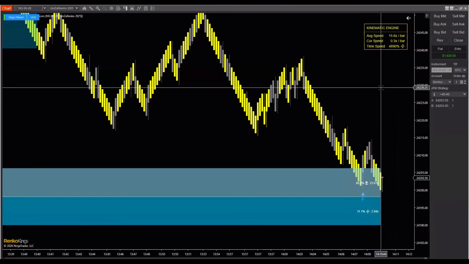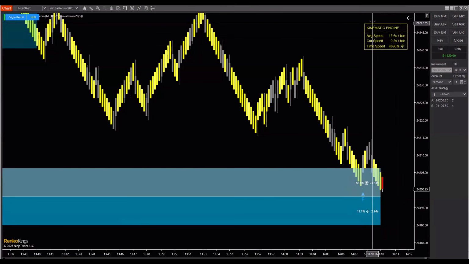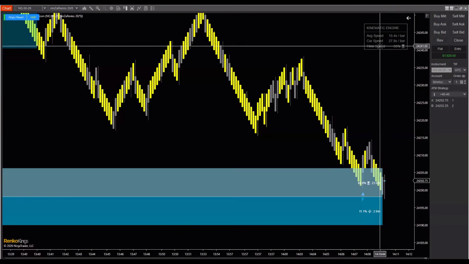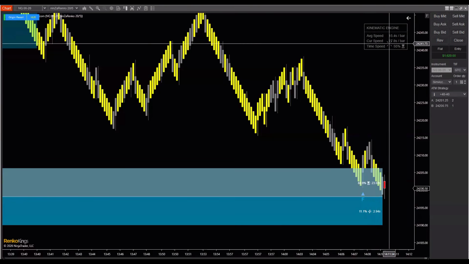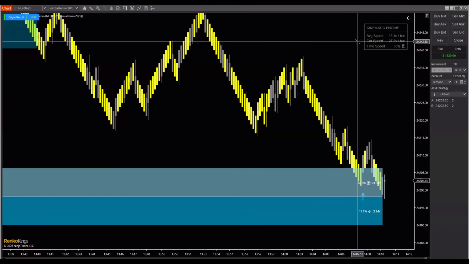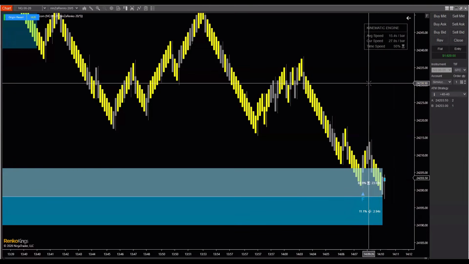You see? If the current speed is far less than the average speed, this means there is a lot of participation, more than at least average participation, and this means there is more activity. So it tells you the time speed is like 4,000% greater. When it's not the case, you see it's not yellow anymore, because the average is 15.4 but the current speed is 27.8.